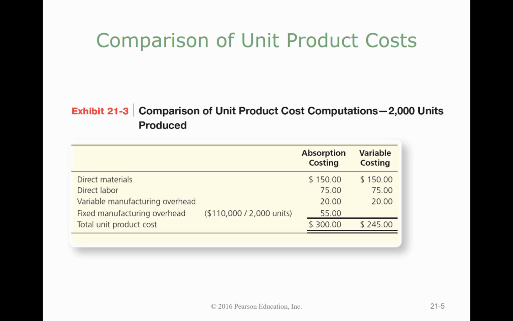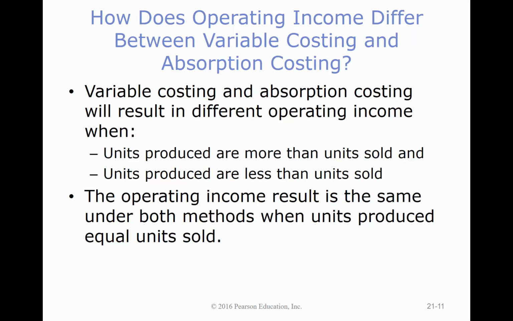Because we're including the fixed manufacturing overhead in the product costs under absorption costing and not including it on variable, the number of units we sell is going to have an impact on our net operating income. In other words, if I produce a bunch of units and I'm not including that cost of fixed overhead in the unit cost, and then I don't sell all of those units, that cost will be sitting there in my ending inventory until I sell the units in the next period. Okay, so this is going to change things.